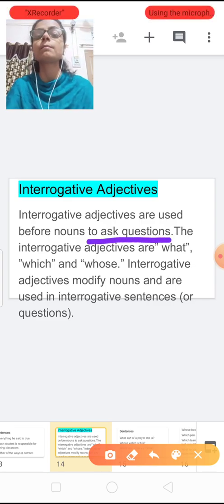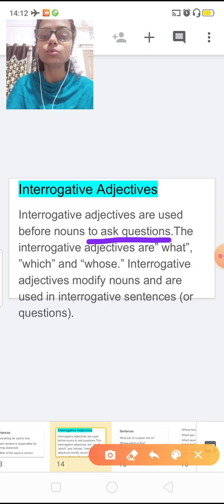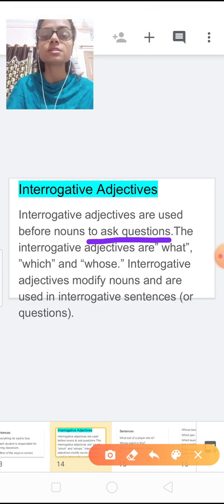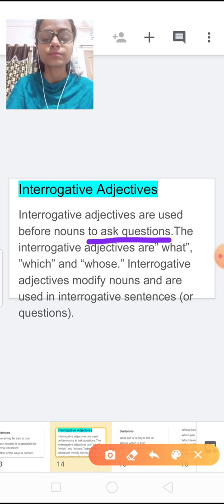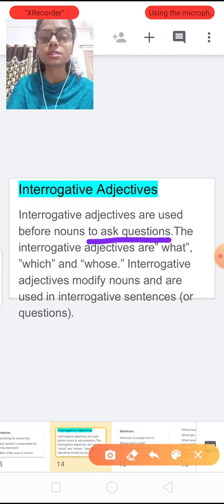The main thing, it is used before noun to ask questions. The interrogative adjectives are what, which and whose.